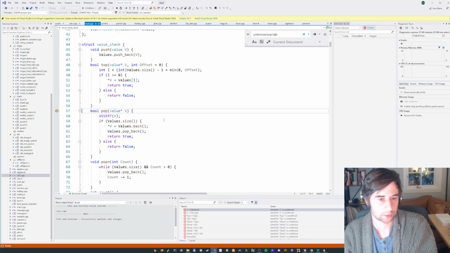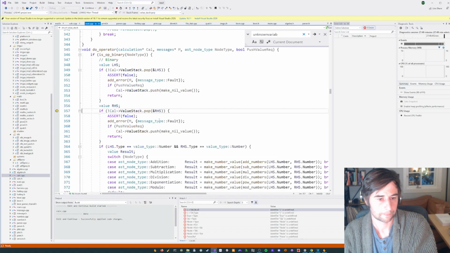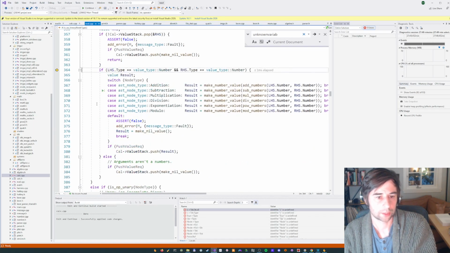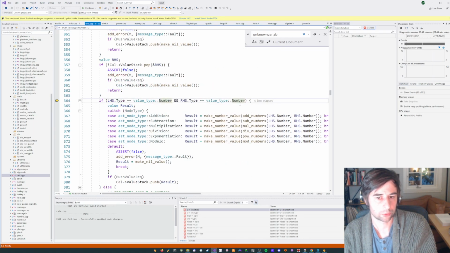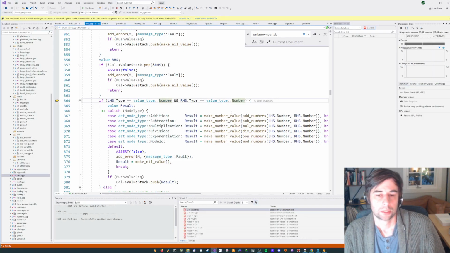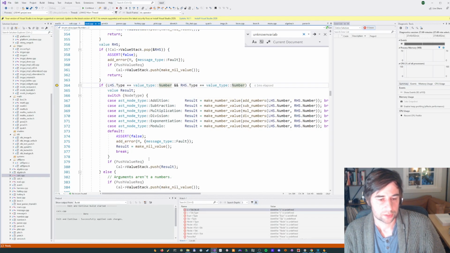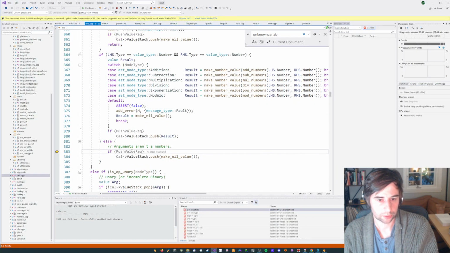Right-hand side, it's gonna be a variable. If both sides are number and number, then I can output back a number, but it can't because one of the sides is a variable, and then it says arguments aren't numbers, and it borks out.